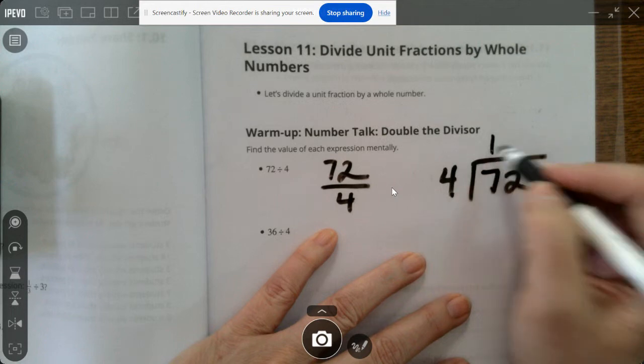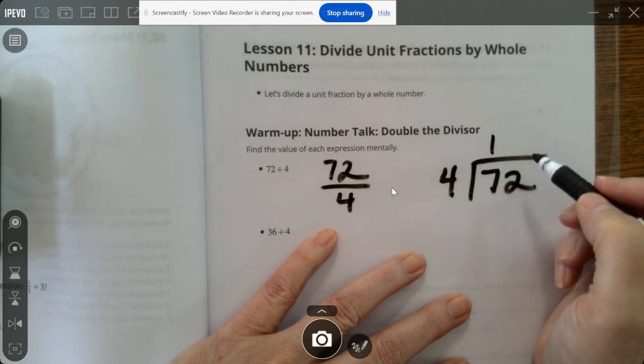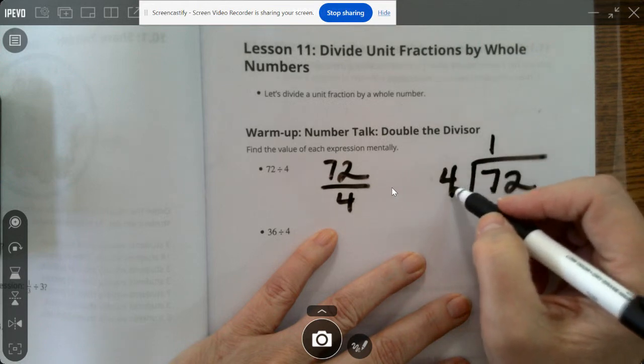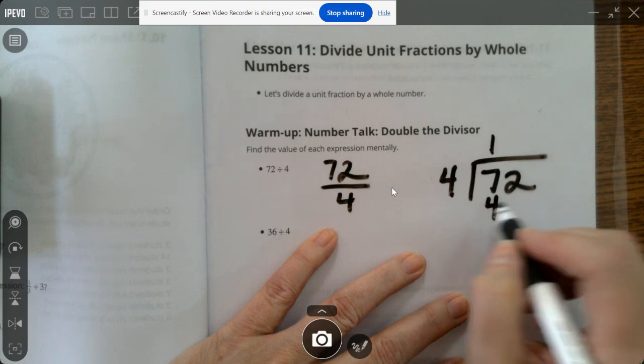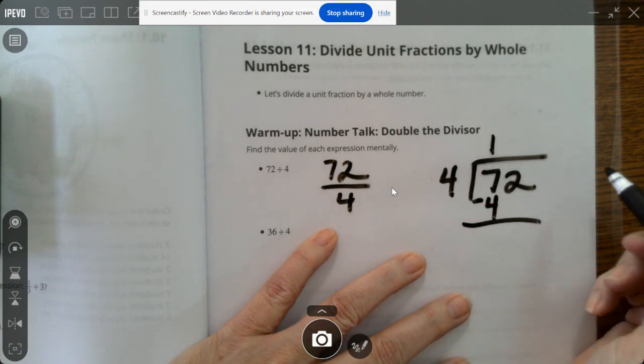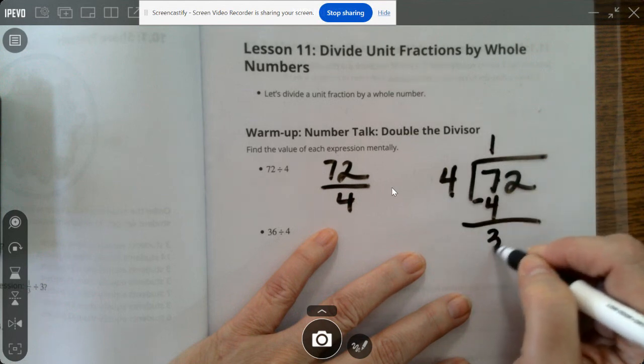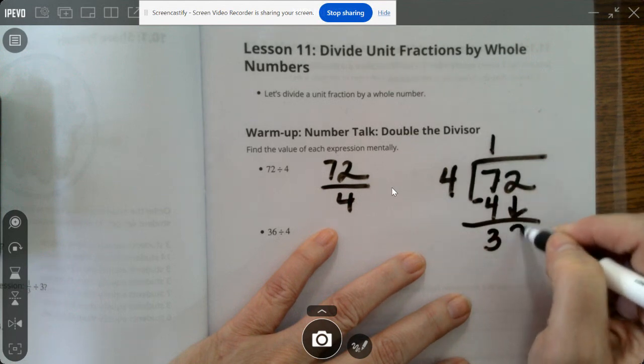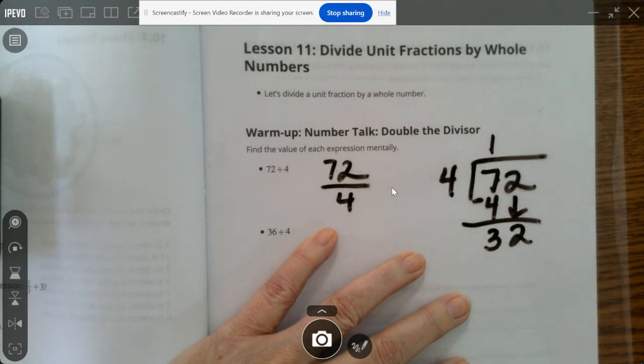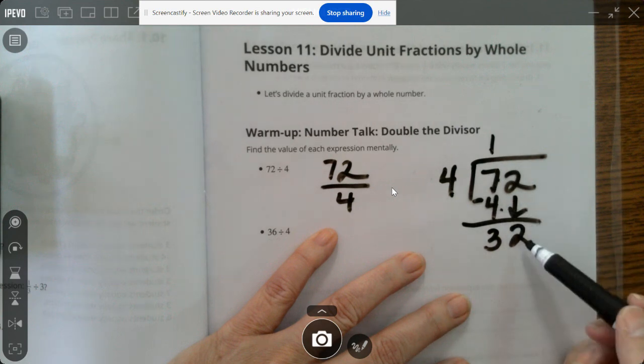You put the 1 up top because that's your answer. And 1 times 4 is 4. And then you subtract. 7 take away 4 is 3. And now you bring down. If you notice, this is very similar looking to what you just had before with the forgiving method because you used 40 and then you used 32. It's very similar.